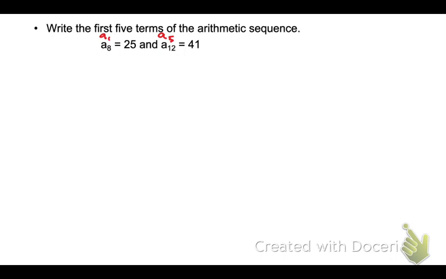Okay. So, what's the formula that we got to know? A sub n equals a sub 1 plus n minus 1 times d. Okay. Hopefully you said that without looking. Okay, what goes in here?